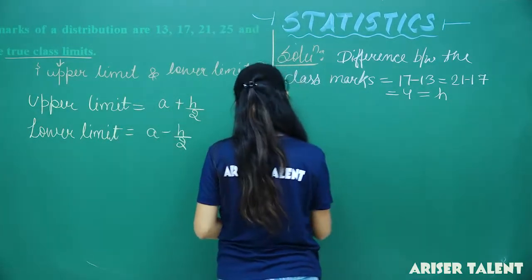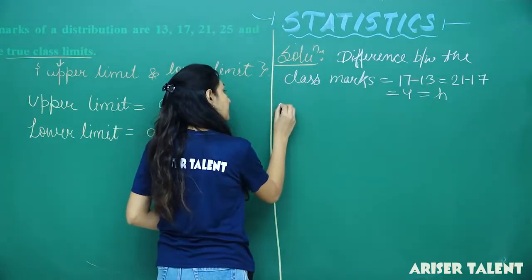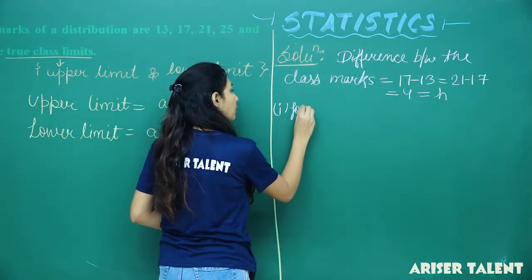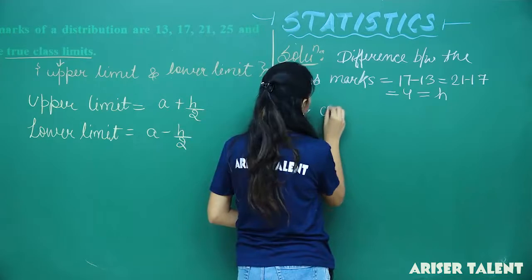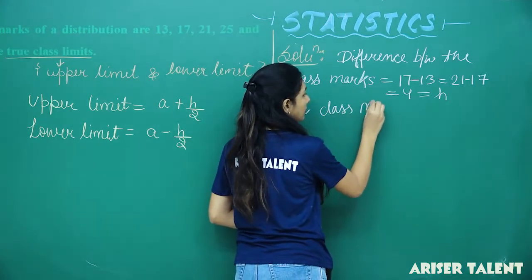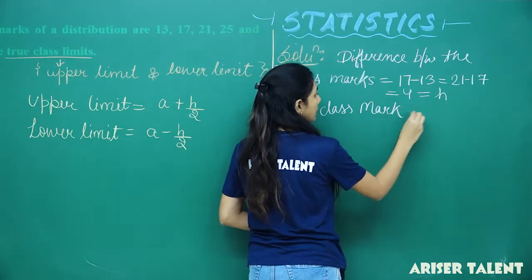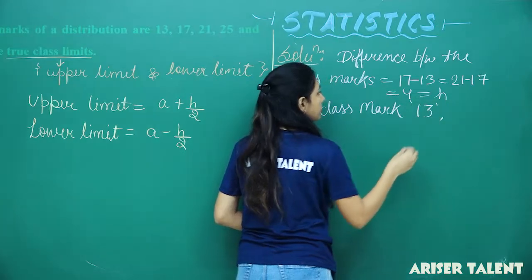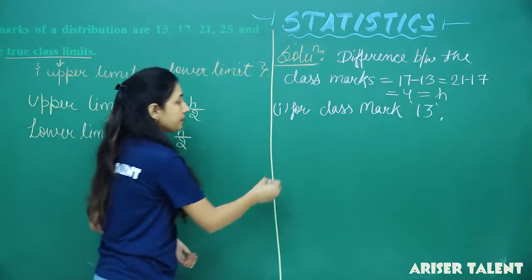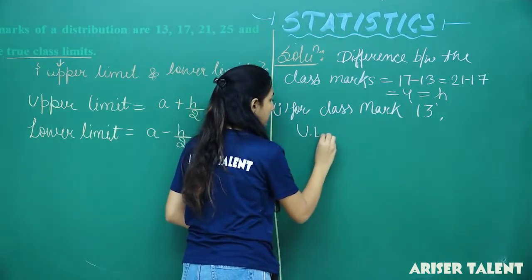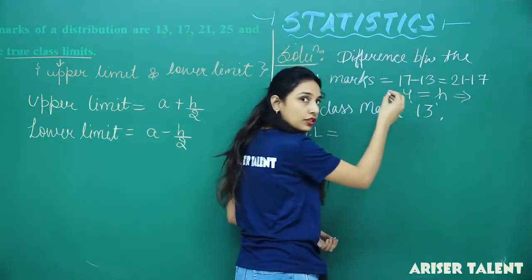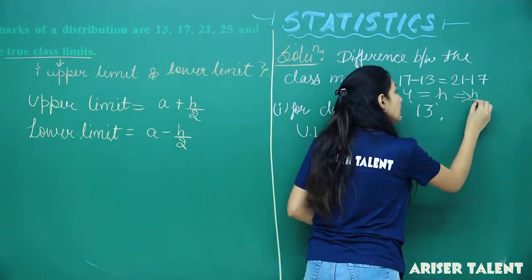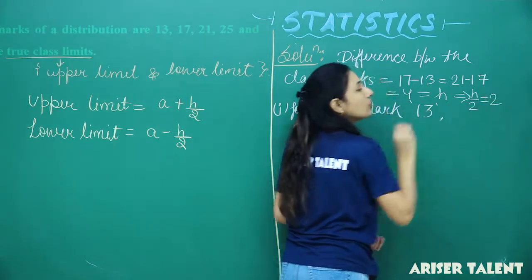Okay. So, for class mark 13, the upper limit: if H equals 4, then H by 2 is only 2.